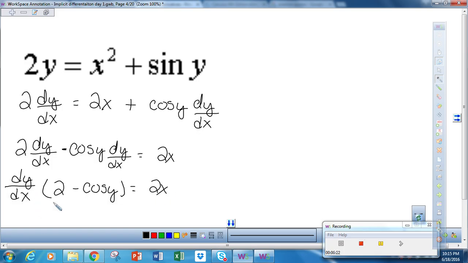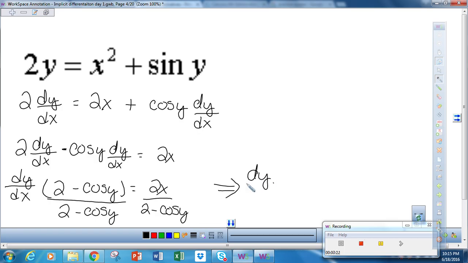Now to solve for dy/dx, I divide both sides by 2 minus cosine y. So that gives us that dy/dx is equal to 2x over 2 minus cosine y. And that's our answer.